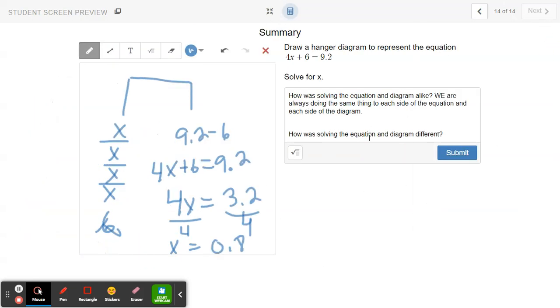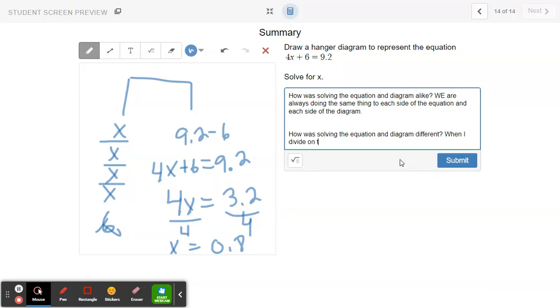Now, how is solving the equation and diagram different? Well, we're actually physically taking away. I would say the one thing I'm noticing is when I divide on the equation, I am not actually making groups, right?